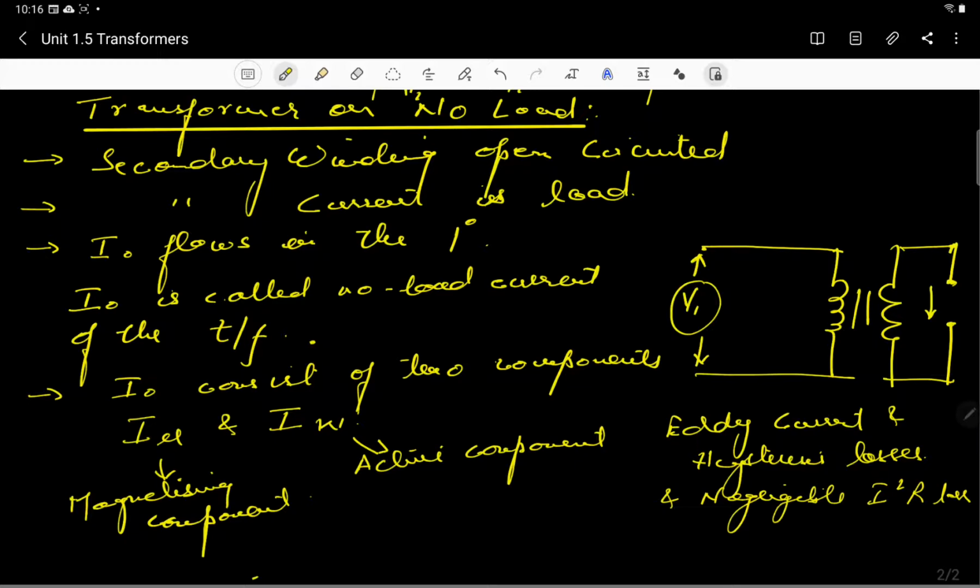So this is responsible for these losses, and I mu is responsible for the magnetizing. It is a magnetizing component which is used to magnetize the core. All right. IW is also called the active component, and this I mu is called the reactive component.